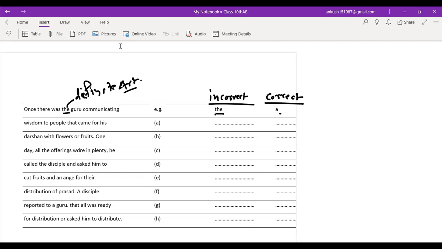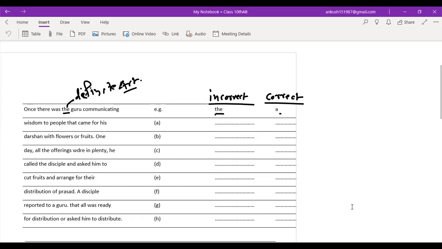That would be the. Why? That would be the, but how?